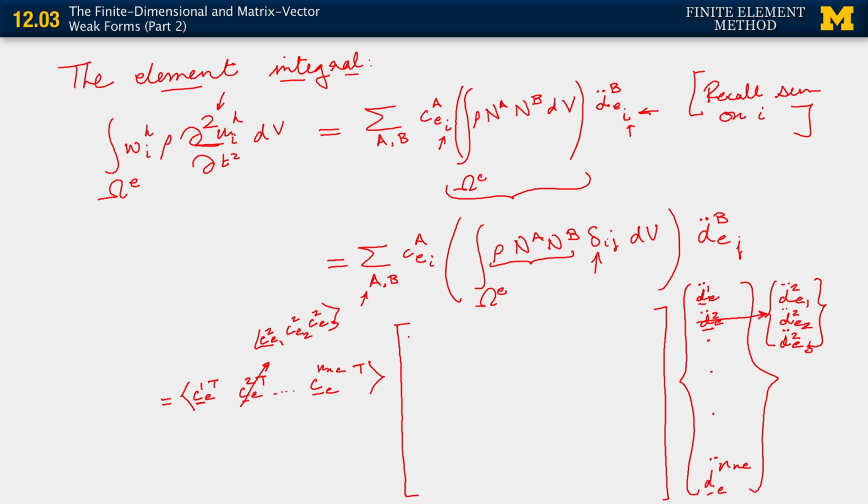We have here a little matrix which is rho N A N B dV over the element, and let me make this actually N1 N1 to show you the very first combination. But this integral itself multiplies what you may call the 3 by 3 identity matrix.